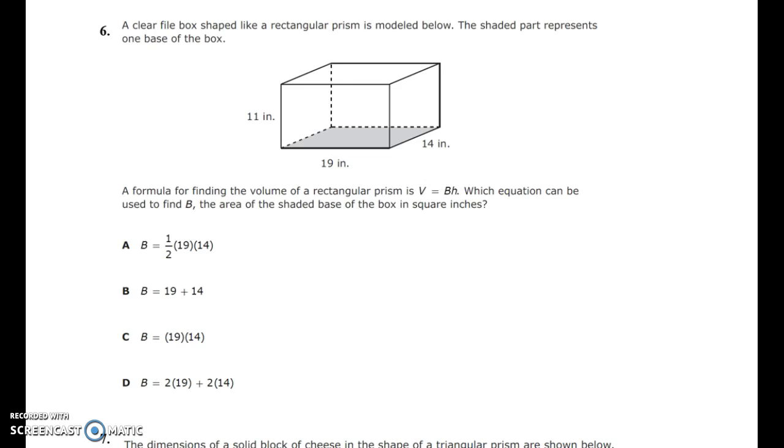A. B equals 1/2 times 19 times 14. B. B equals 19 plus 14. C. B equals 19 times 14. D. B equals 2 times 19 plus 2 times 14.